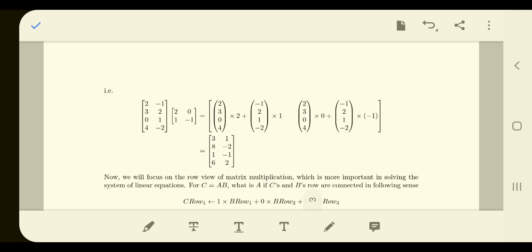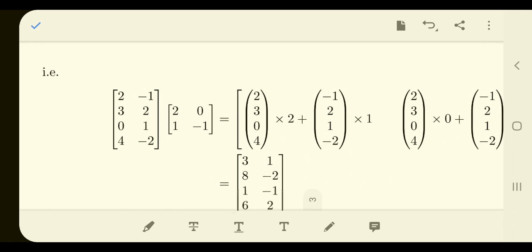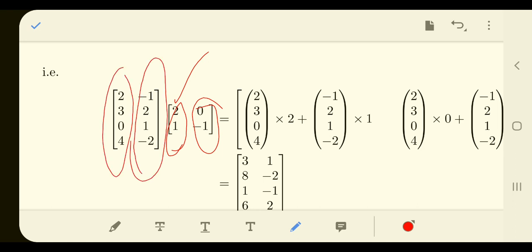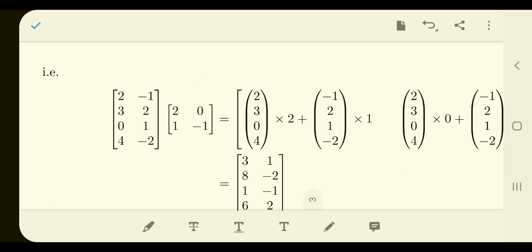So the right linear combinations are provided by this one and this one, right? So these multipliers are actually helping us to generate these two columns. These are the vectors that are supplied, and this particular matrix is supplying the scalar multipliers, and this one is supplying the column vectors for which the linear combination has to be taken. Okay.